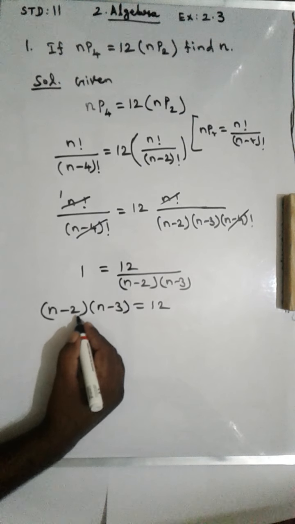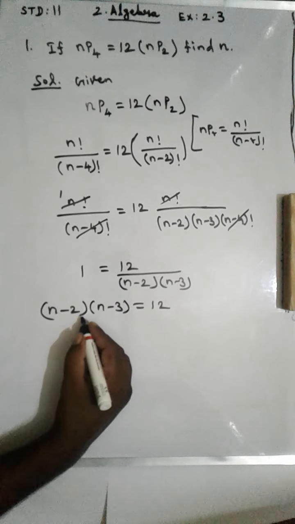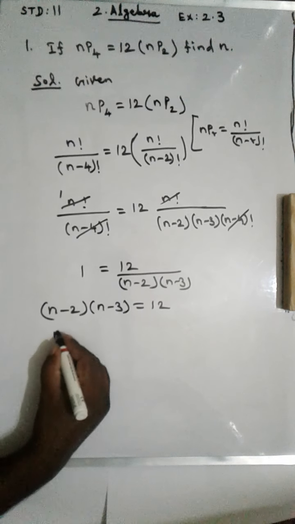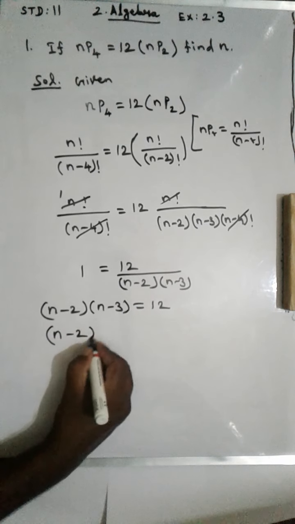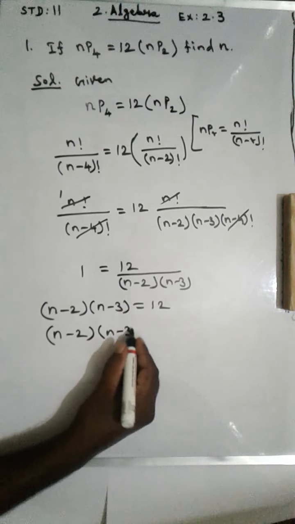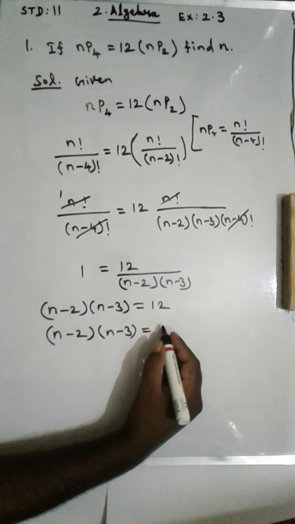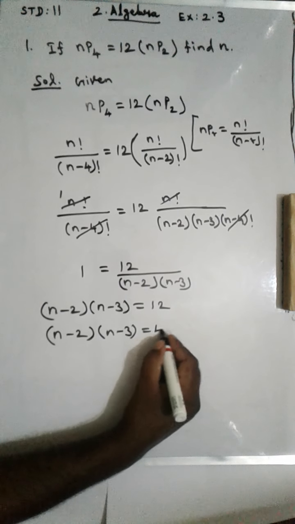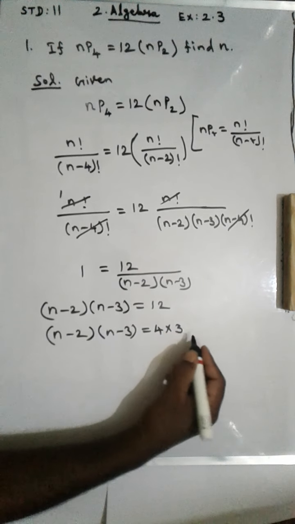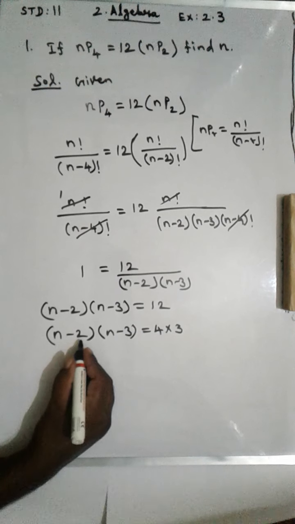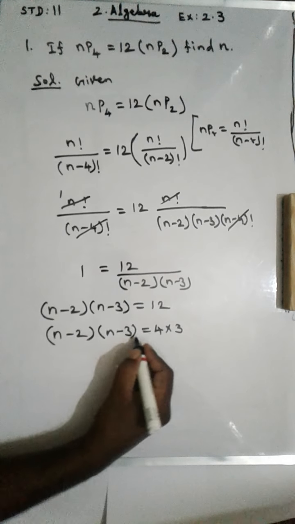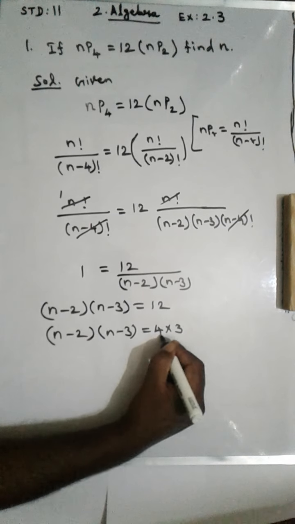Multiply this value, or we write (n minus 2) into (n minus 3) as 4 into 3. So n minus 2 is 4, and n minus 3 is 3.